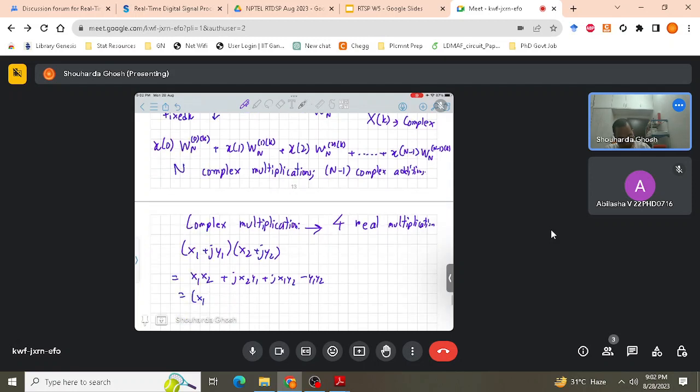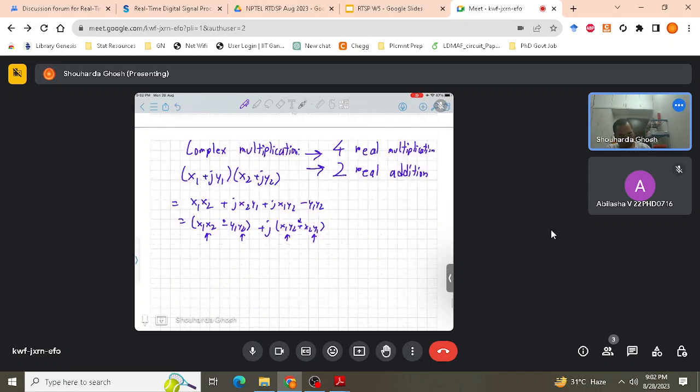Let's group them into real and imaginary portions: x1 x2 minus y1 y2 plus j times x1 y2 plus x2 y1. So there are 4 multiplications, you see 1, 2, 3 and 4, and there are 2 additions. Subtraction is also an addition, there is no difference. 4 real multiplications and 2 real additions.